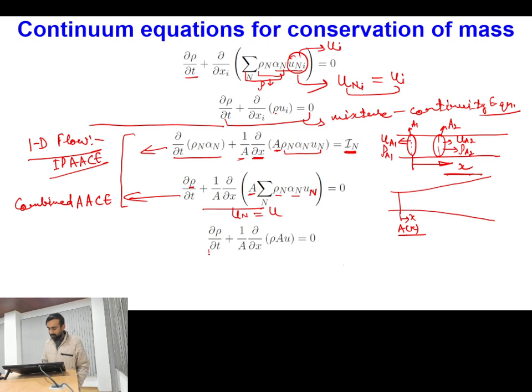And particularly on the right hand side, the summation of the interaction terms is already given over here as 0. So this has become the mixture area averaged continuity equation, and this is area averaged.